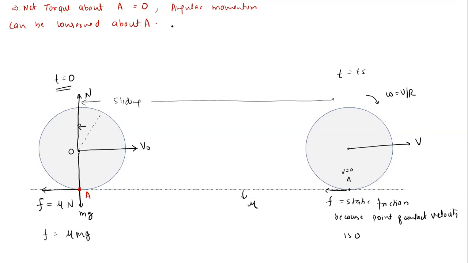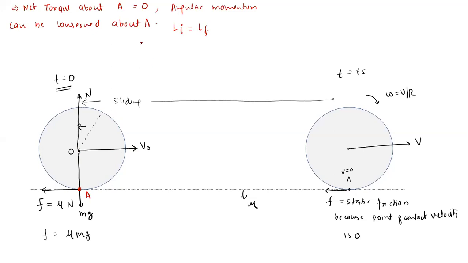Which means the initial angular momentum must be equal to the final angular momentum. Am I correct? What is the initial angular momentum? When the body starts, it has only linear velocity, that is v naught. So what is the angular momentum of the body about point A? Initial angular momentum is r m v.